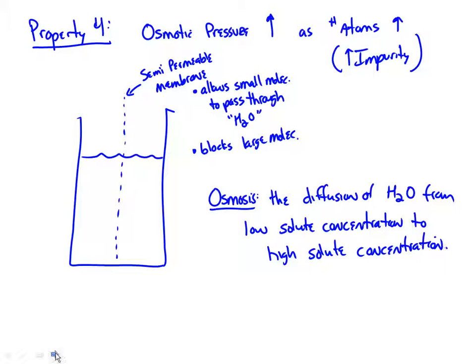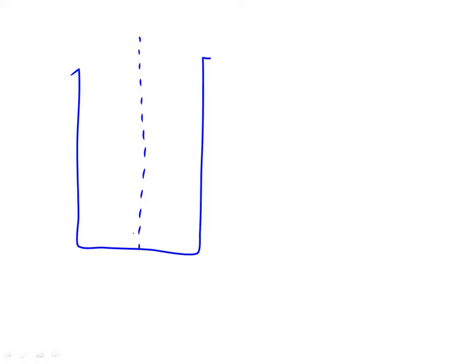So what that means then is if I take that very same beaker and I add sugar in one side. Now sugar's big and it doesn't allow it to move. And so what that's going to do is force water to flow this way.